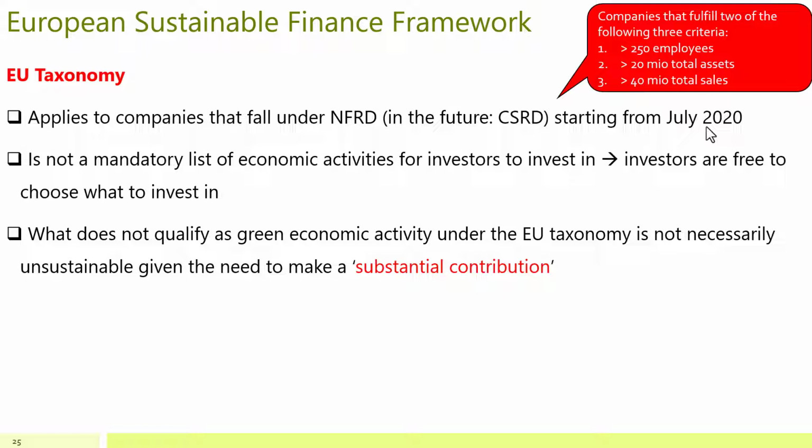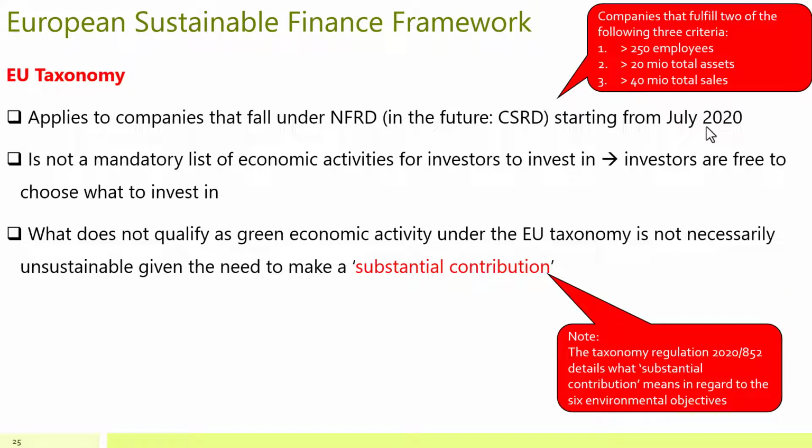So whatever is not classified as sustainable in line with the EU taxonomy is not at the same time not sustainable. Why? Because a sustainable activity needs to make a substantial contribution to one of these targets. And what a substantial contribution is, that's specified in this taxonomy regulation. So it's clearly specified what can be classified as green or not.